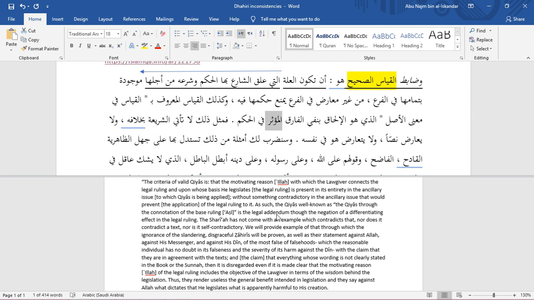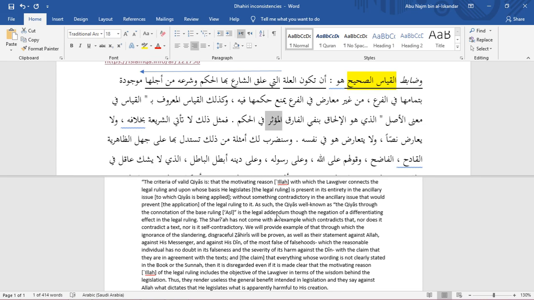And the logic behind it is that there's an acknowledgement in these two situations that there's nothing separating these two issues in terms of the legal ruling being applied to them.